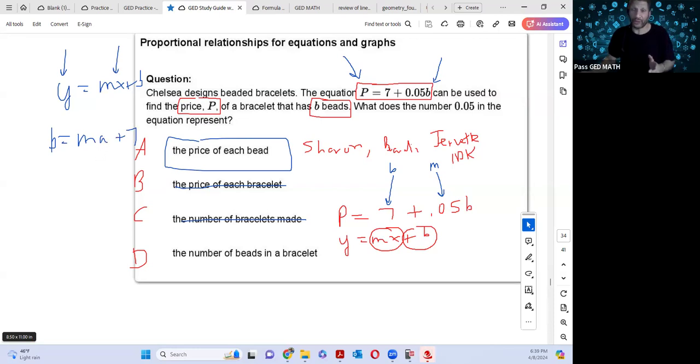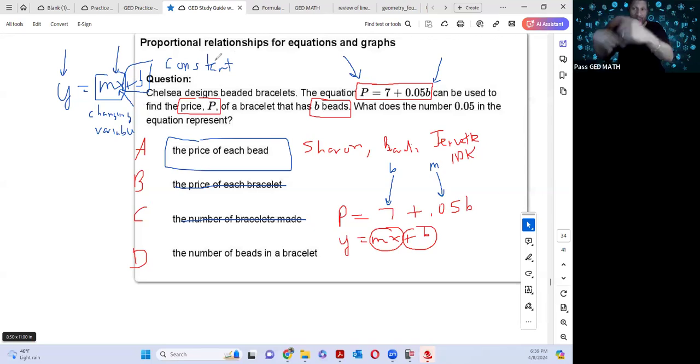What matters is that this term here is changing. That's why it's variable. This B is constant. It is not changing. So a linear equation has a term that's going to be changing. It's going to have another term that's constant that won't be changing.